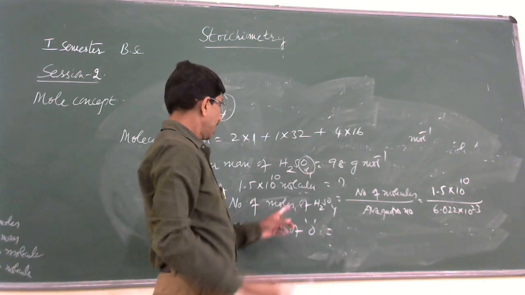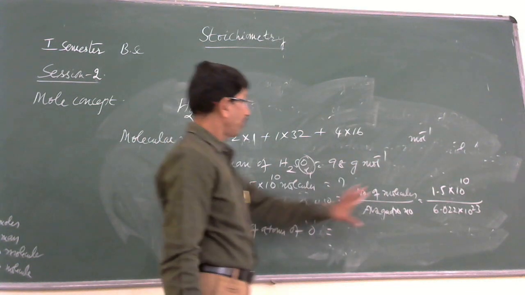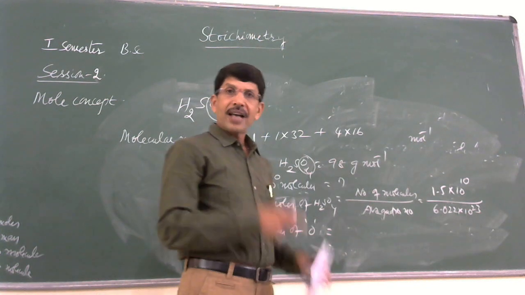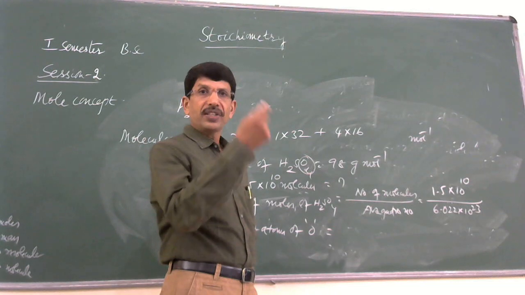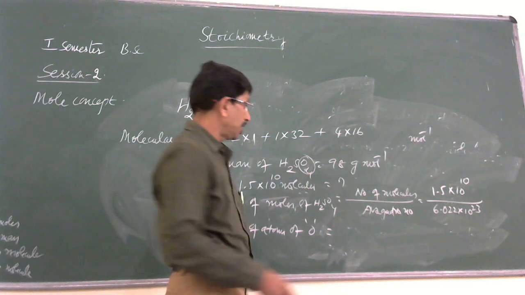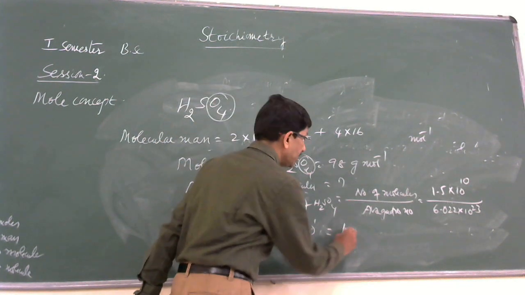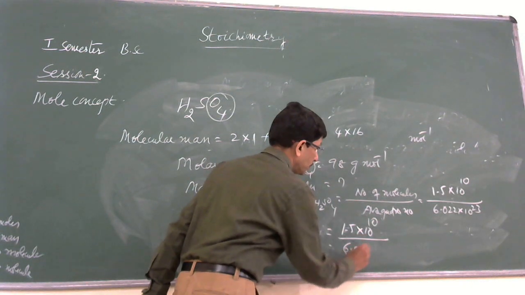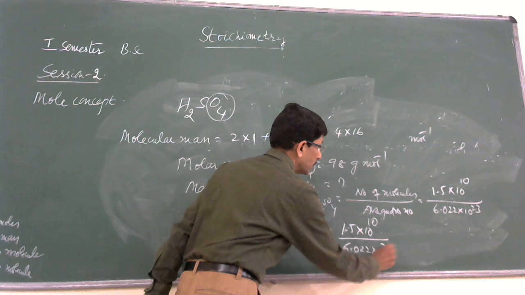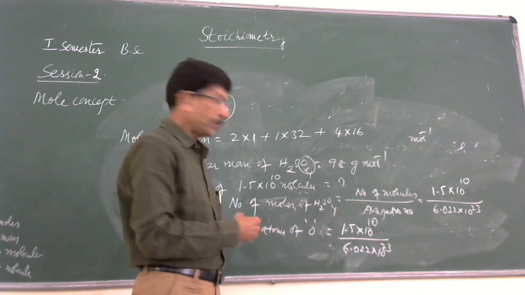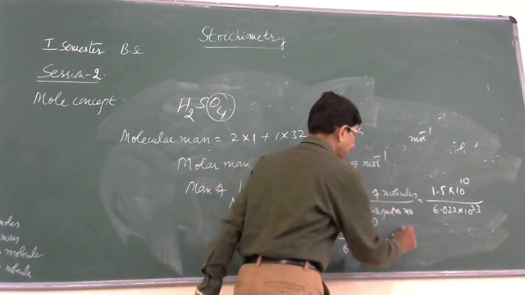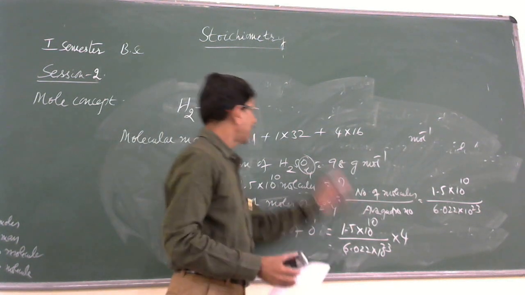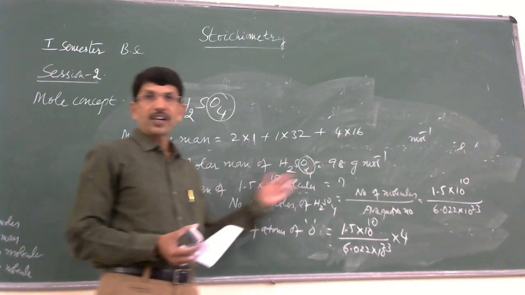We have already calculated the number of moles of sulfuric acid in so many molecules. Each molecule contains 4 atoms, so so many moles will contain 4 times the moles of oxygen atoms.